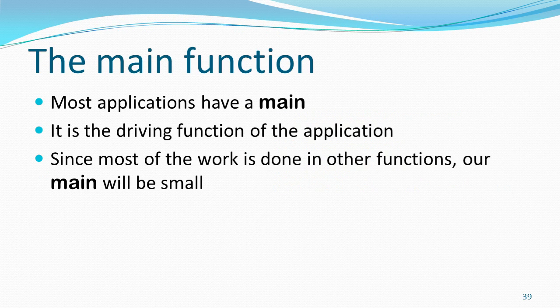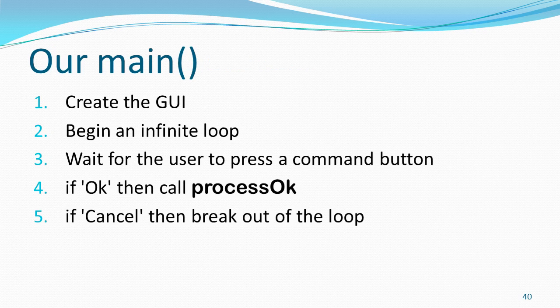So now it's time for our main function. And as we found out before, most applications have a main, and it is the driving function of the application. We've already done most of the work, so our main is going to be small. In our main, we're going to start with creating the GUI, and then we will begin an infinite loop.